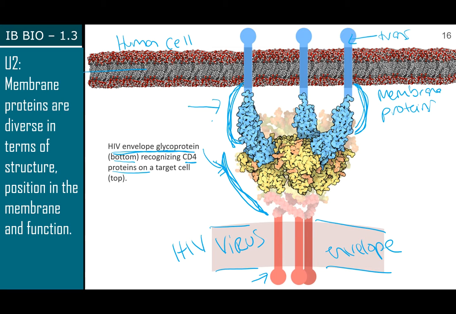So here we have an identifier glycoprotein, meaning identifying a human cell, and this is an identifier on an HIV and identifies as an HIV. But your cells don't know that. Your cells think it's another type of human cell. So it's all about the proteins.